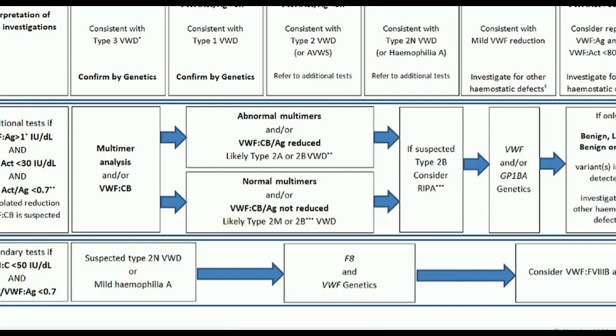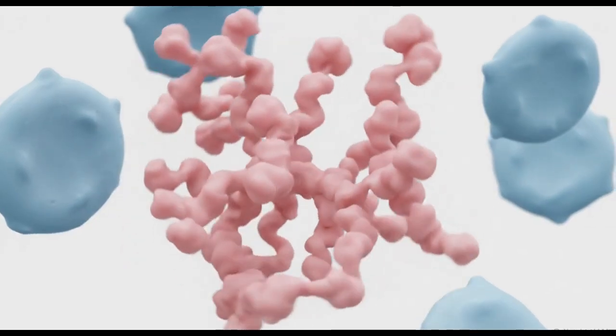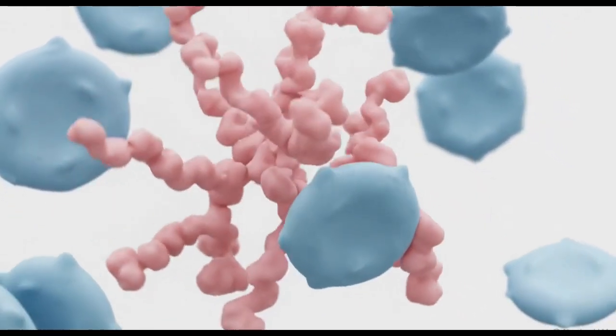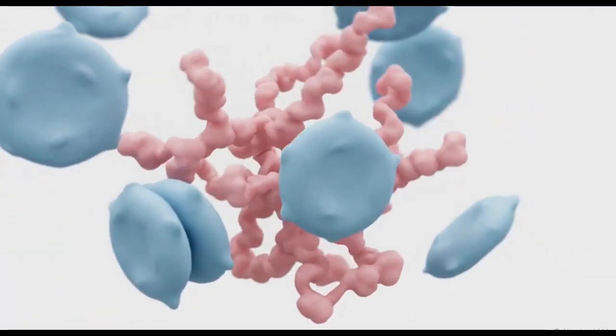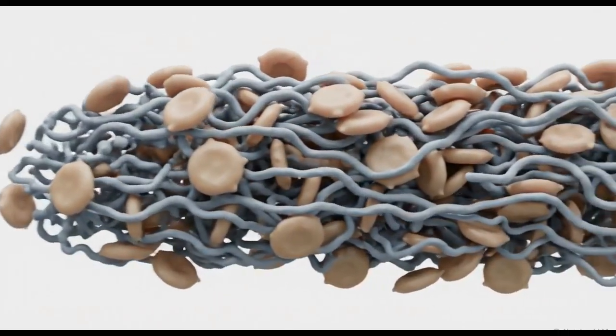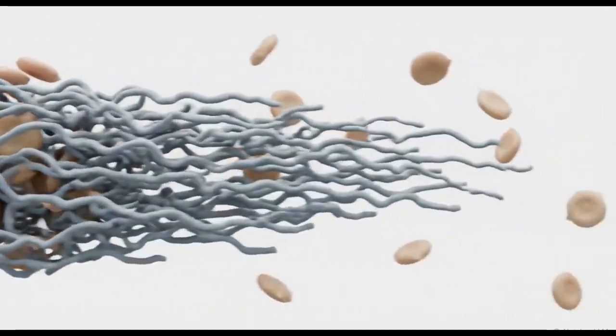Moving down the cascade, we isolate a final critical diagnostic challenge, identifying the type 2B variant. Type 2B features a unique gain-of-function pathophysiology. The mutated protein has an enhanced pathological affinity for platelet GPIB receptors, causing it to spontaneously clump with platelets without standard injury triggers, which leads to rapid clearance from the plasma.